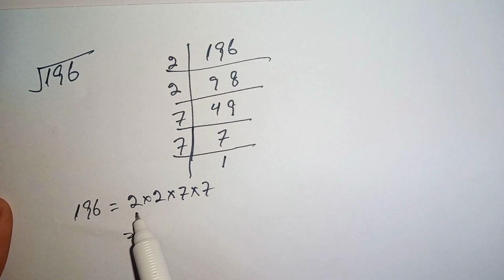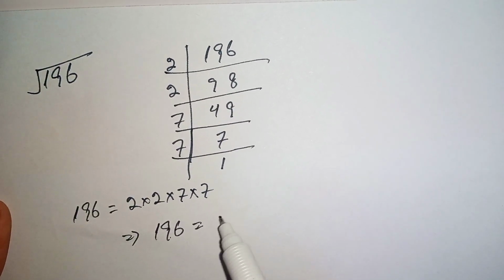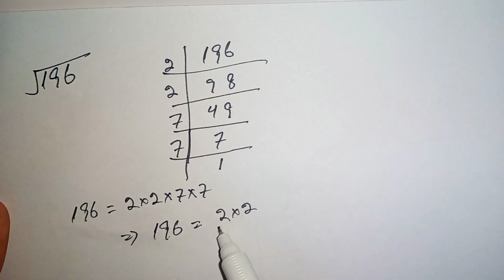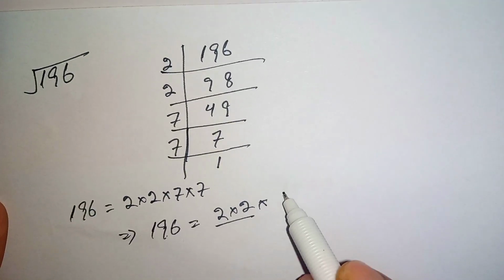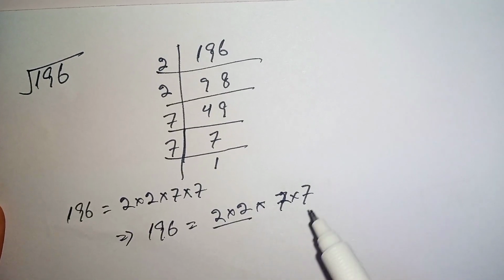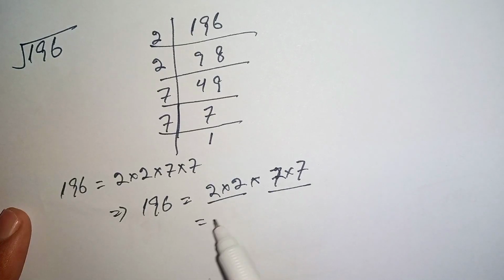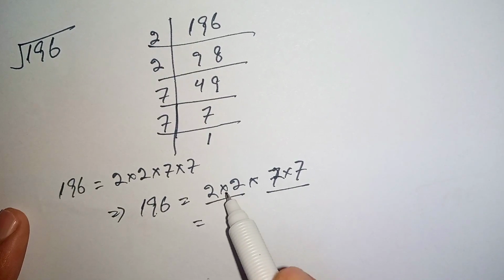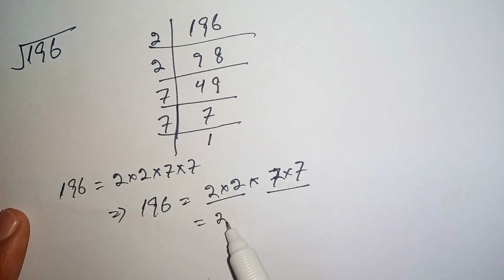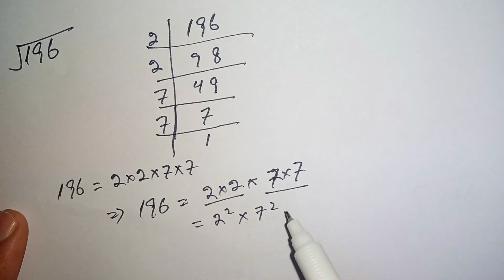Now we will make pairs of these prime factors. So 196 is equal to 2 times 2, one pair, multiplied by 7 times 7, another pair, right? Now we can write each pair as a square. So 2 times 2 is 2 square, multiplied by 7 times 7, which is 7 square.